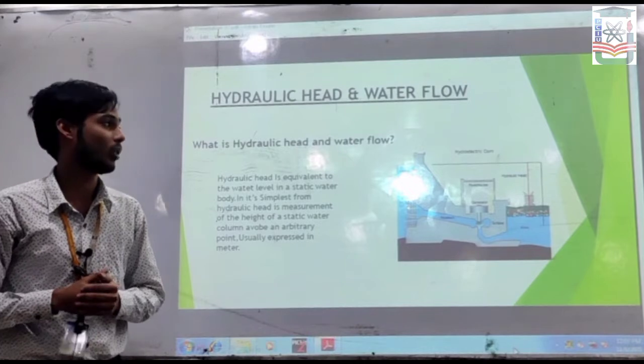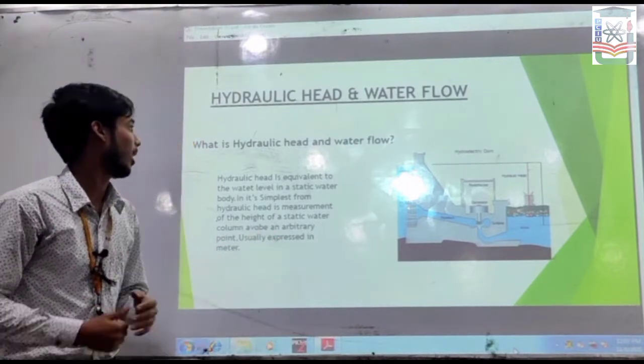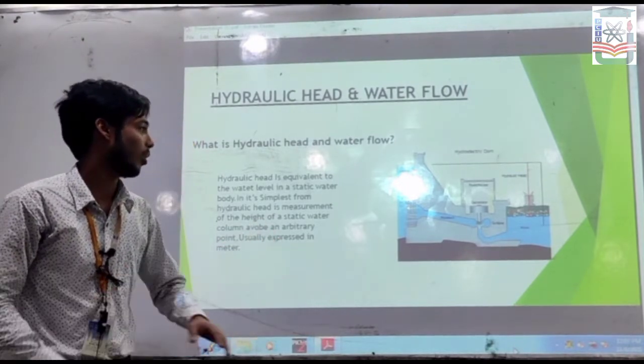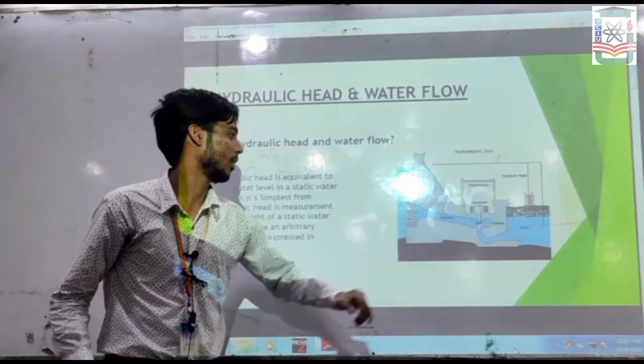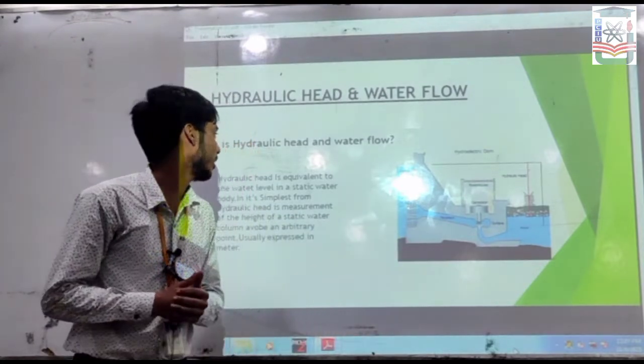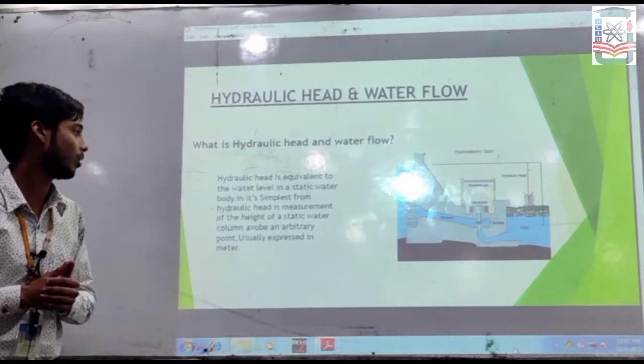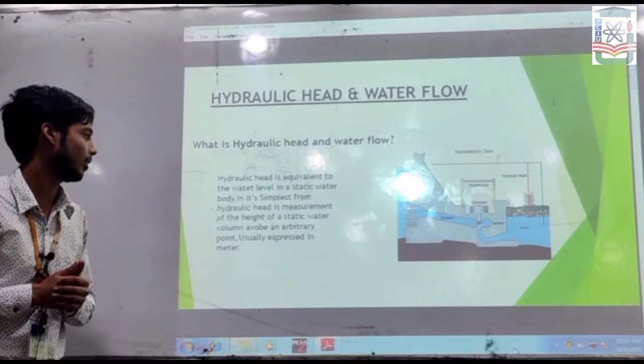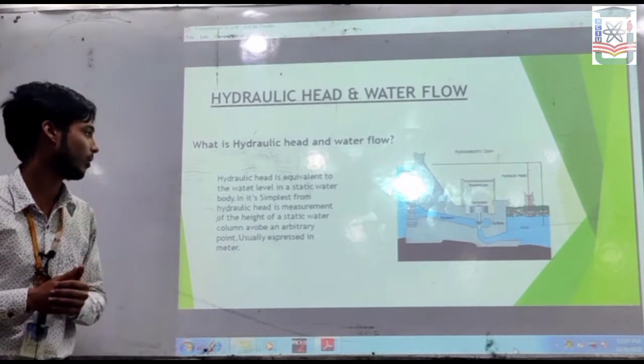ID CN02106738. Hydraulic head and water flow. We see a picture of a hydraulic dam and hydraulic head. Hydraulic head is equivalent to the water level in a static water body.